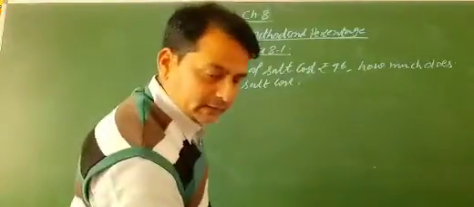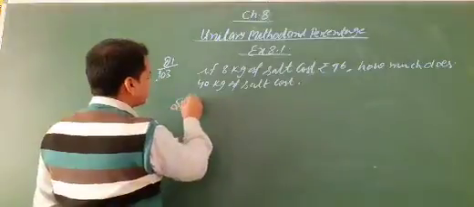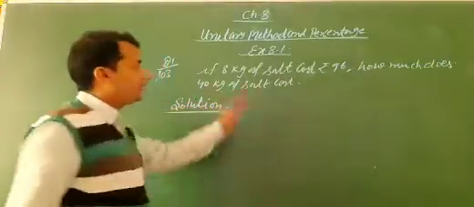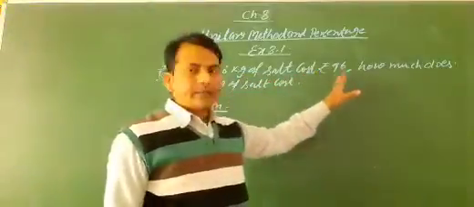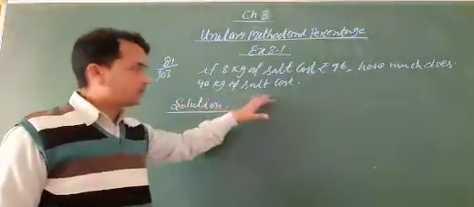So it is clear that if 8 kg of salt cost 96 rupees, how much does 40 kg of salt cost?